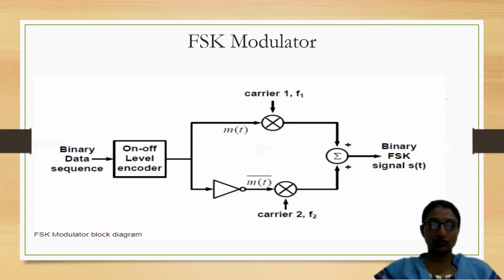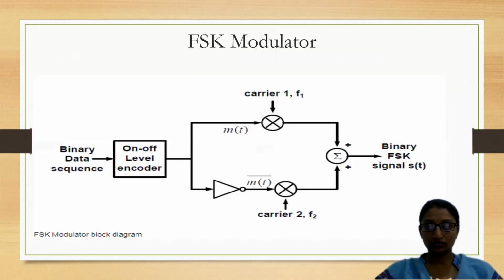Coming to the FSK modulator, this is what you can observe. The FSK modulator consists of input binary data, then an on-off level encoder, and finally a product multiplier with carrier 1 and carrier 2.